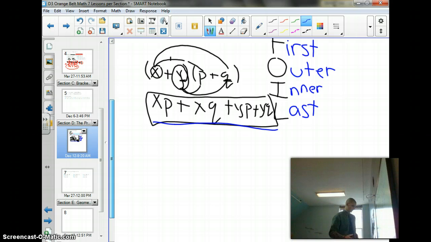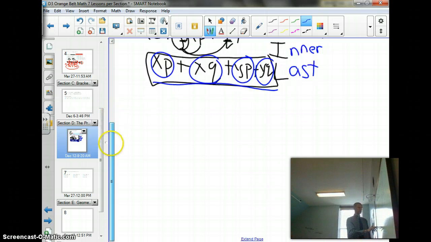We notice that no, we can't simplify it, because xp can't simplify with any of these other terms, because the variables are different. xq, there's only one of those. yp, only one. And yq, we don't have any other ones of those either. So we're done. That's simplified.